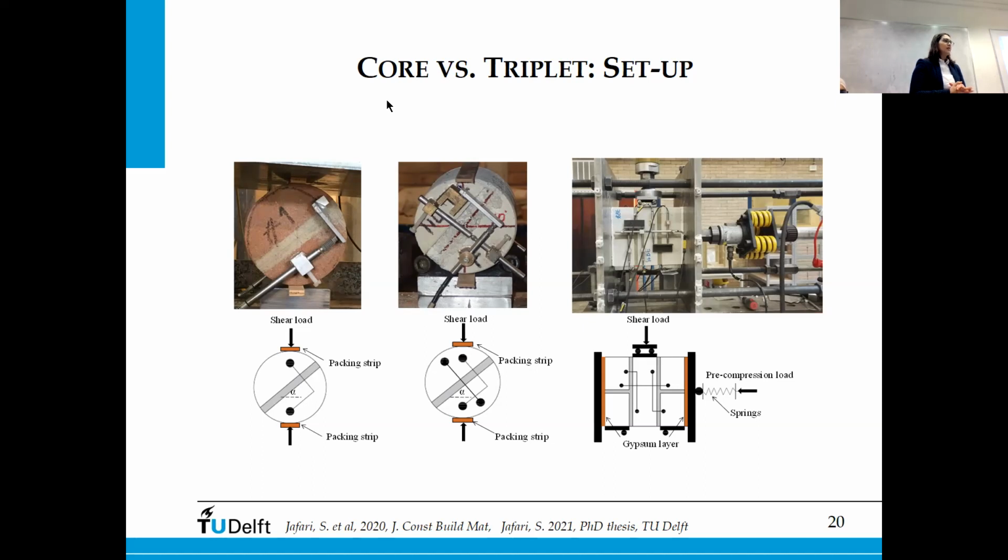Still, 3 is something like a lower bound. But if you compare a core in compression with the wallet, the core has a 4% area of the wallet, so I think that's fine. And did you do the Brazilian test? Yes, and the idea is that this should work when you have a weak bond or a weak mortar, so that you can get sliding there.